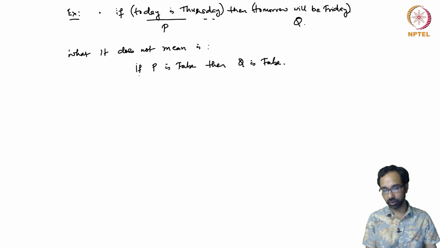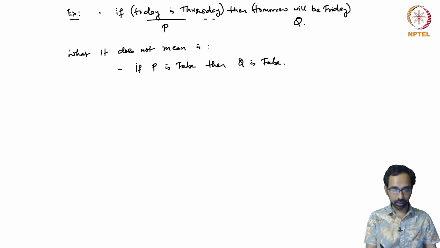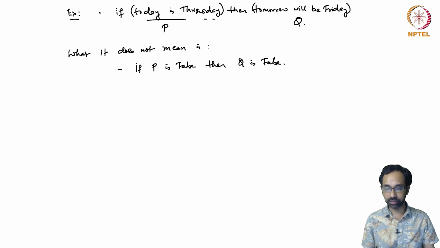As I said before, it only means that whenever P is true, then Q is true and nothing else. So if you say that when P is false, then Q is false, this is a wrong interpretation of an if-then statement. So this is what it does not mean. Sometimes it's good to know what things mean, but it also is beneficial to know what they do not mean, right?